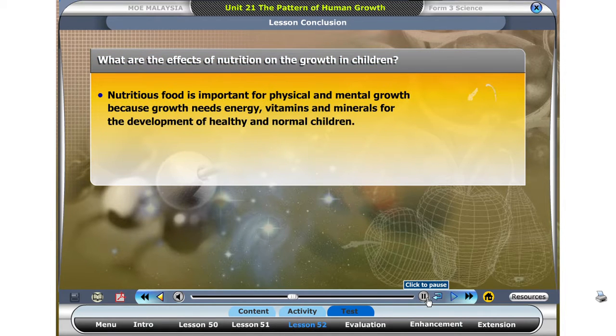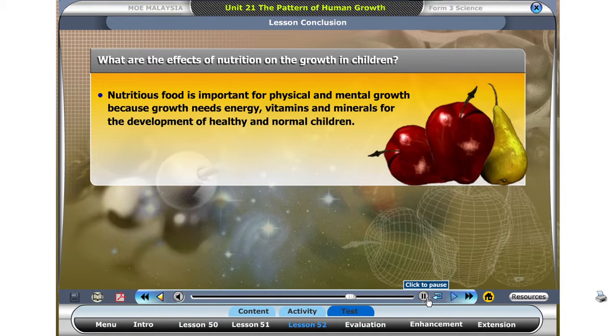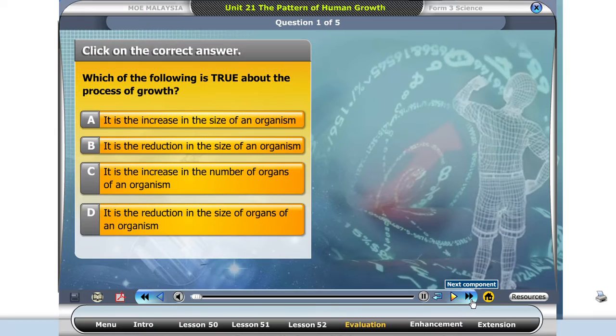Nutritious food is important for physical and mental growth because growth needs energy, vitamins, and minerals for the development of healthy and normal children. Which of the following is true?